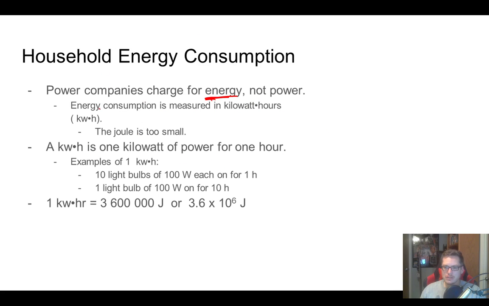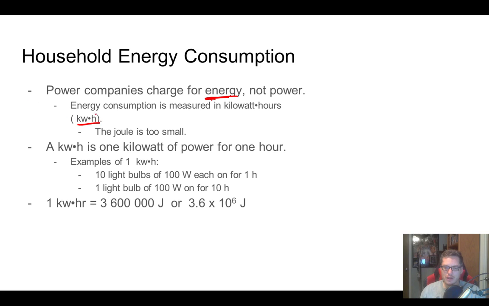Instead of measuring it in joules, because joules are ridiculously small for powering computers and lights and ovens and refrigerators and air conditioners and so forth, they measure it in kilowatt hours.